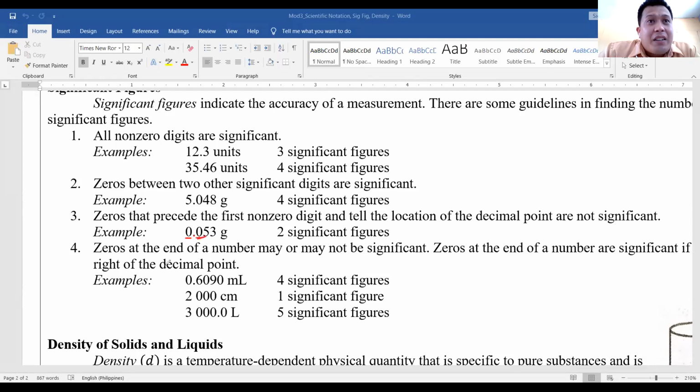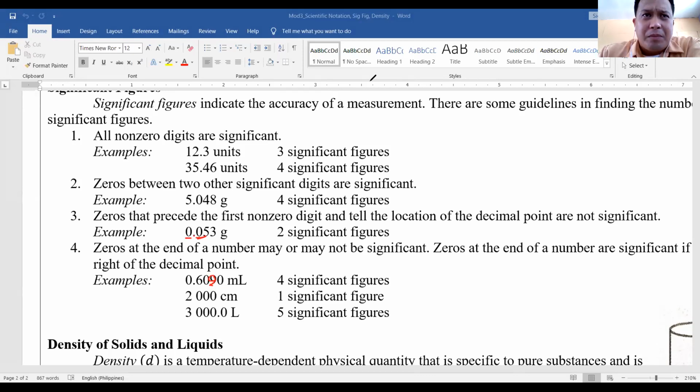Okay? But zeros at the end of a number may or may not be significant. In what way are they significant? If they follow a significant digit. For example, this is a significant digit, right? And these zeros follow a significant digit, making the 9 here significant.